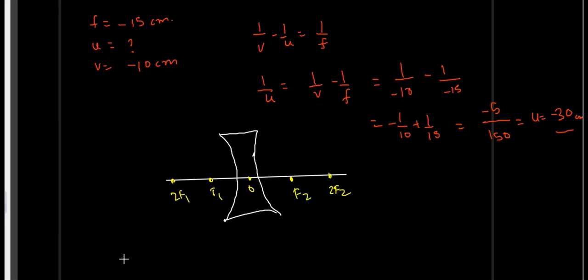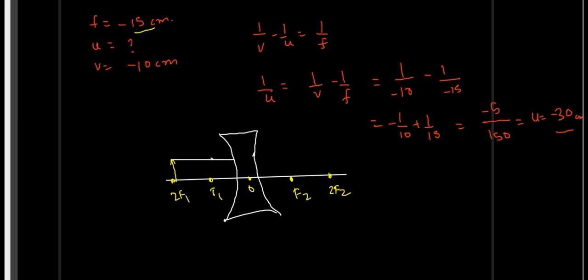Now my object, where is my object? It's 30 centimeter in front of the lens, and focal length is 15 centimeter. That means the object is at double the focal length, at 2f1. From here we are going to take two rays. One is parallel to the principal axis.